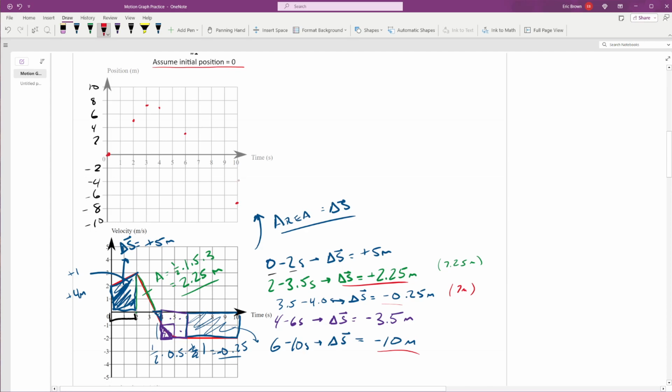All right. Yeah, so those are my different points that I'm going to get just by doing delta S's. So delta S of 5, delta S of 2.25, delta S of -0.25, -3.5, -10. That's the idea here.